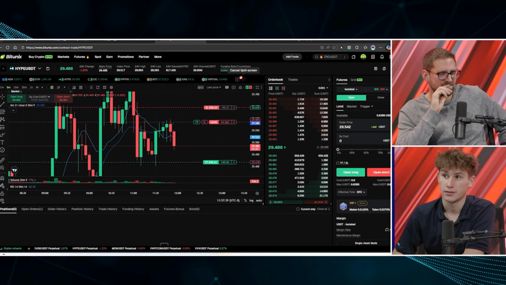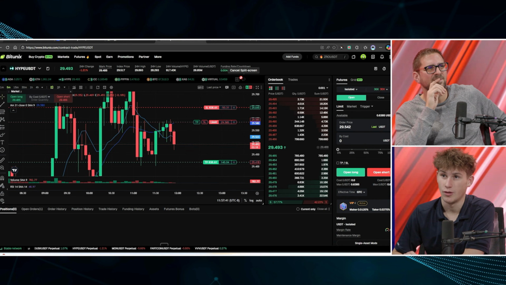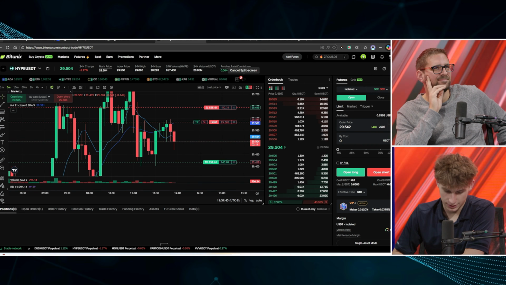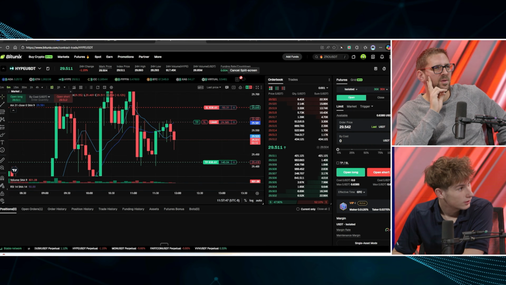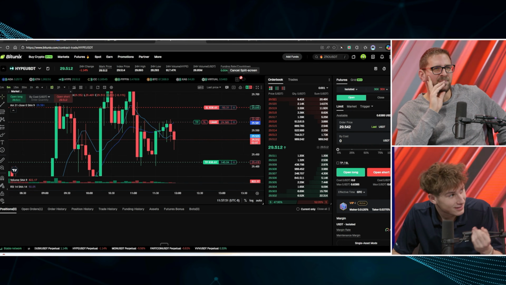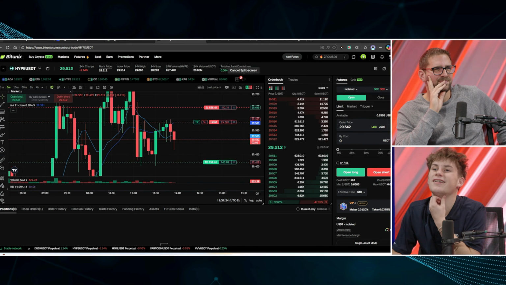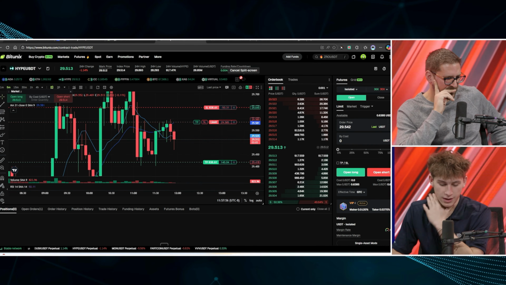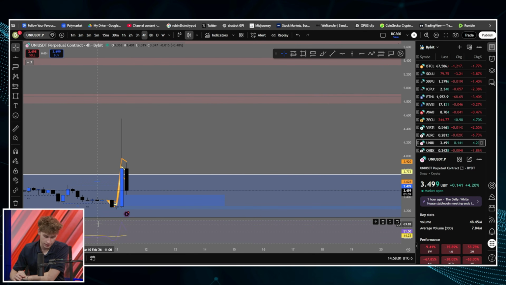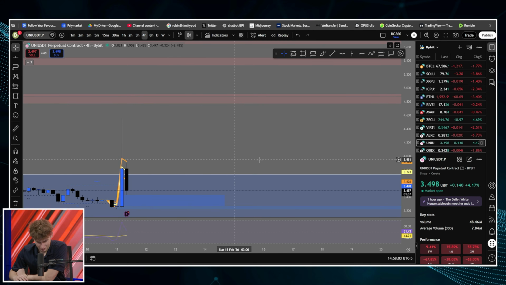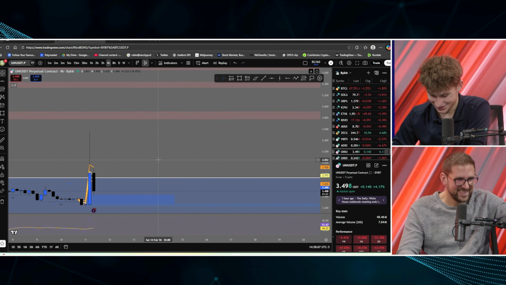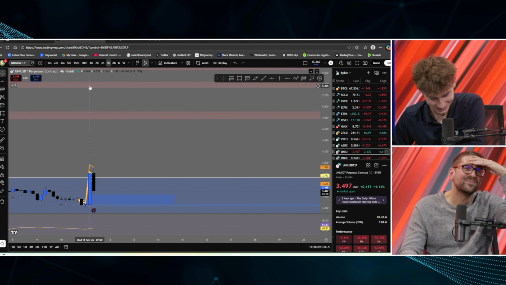Is it dumping? Wow. It's looking at you through the mirror in the car, and it's going like this. Yeah, pretty much. Anyways, go ahead. Yeah, but just look at the wick on this thing, dude. I could literally, like, never mind. I was gonna say something crazy. Never mind. Nothing.